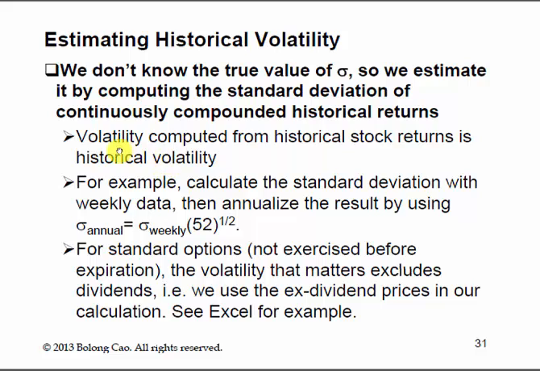Volatility computed from historical stock returns is so-called historical volatility. We can use weekly returns to calculate a weekly standard deviation, and then the annual standard deviation of the return will be the weekly standard deviation times the square root of 52.